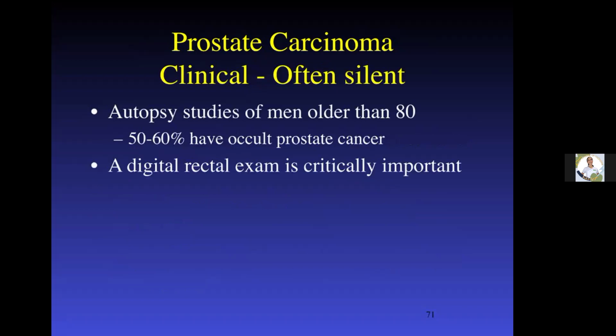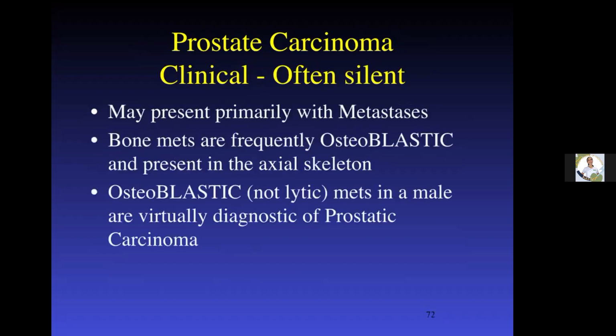Prostate carcinoma is seen at autopsy of men older than 80 years old. So 50 to 60% have occult prostate cancer. So a digital rectal exam is critically important. Prostate cancer may present primarily with metastasis.